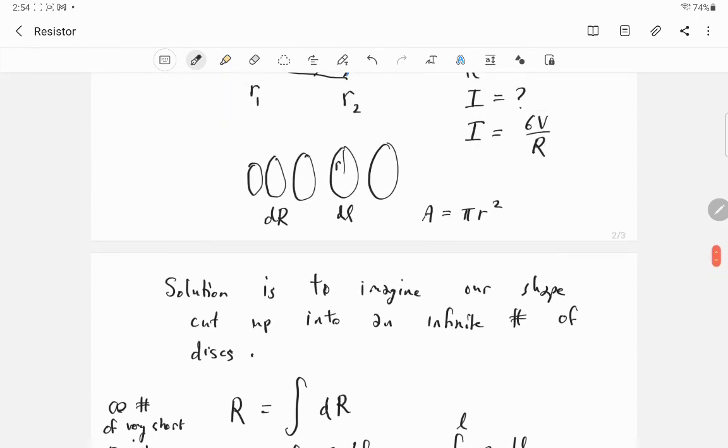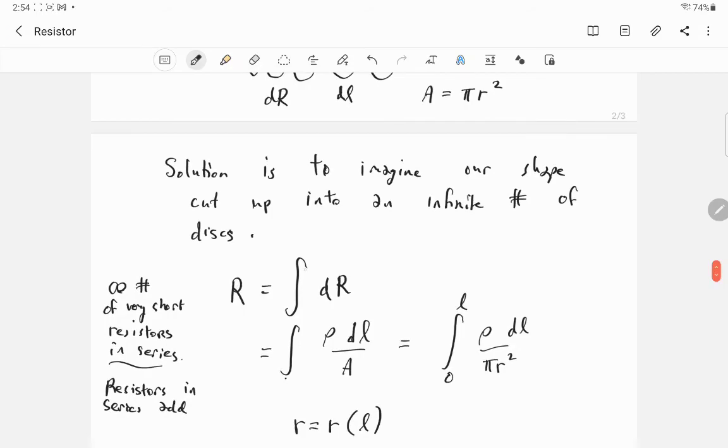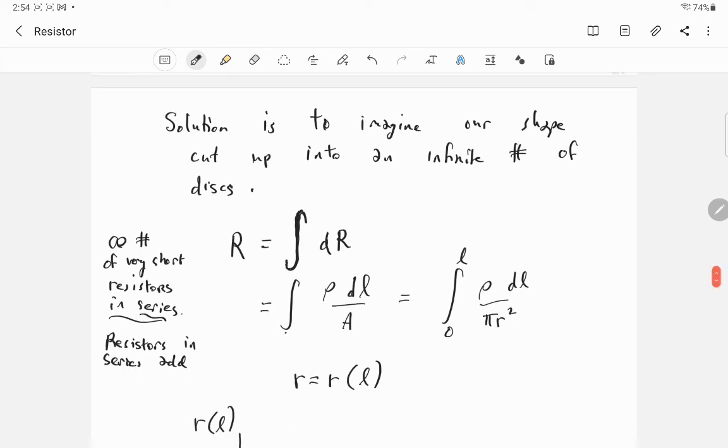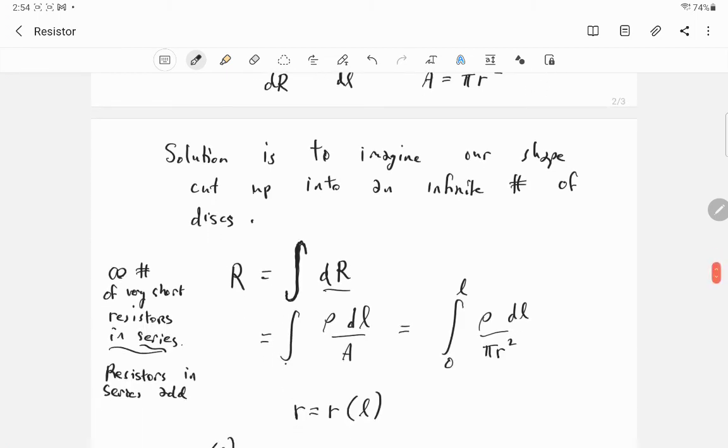And that's what we have here. This is a series of resistances. In order to get the total resistance, we're just going to sum them up. Integration is a summation. In particular, we're thinking of an infinite number of resistances in series where each resistance is infinitesimal, so we can just integrate. That's the process that I just showed you.